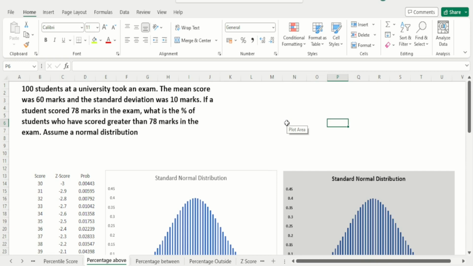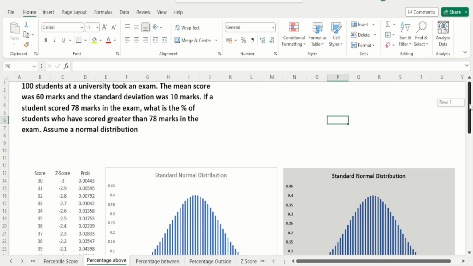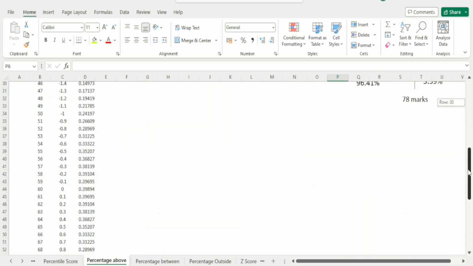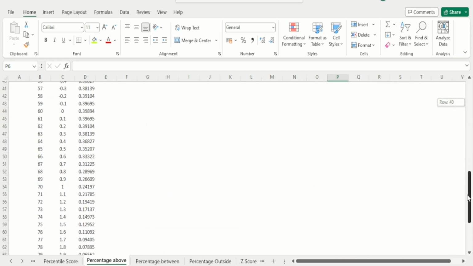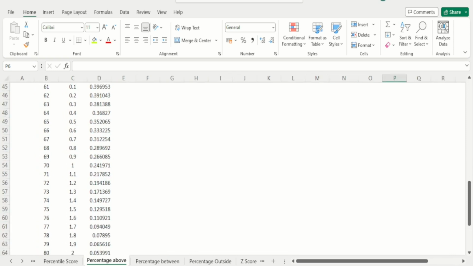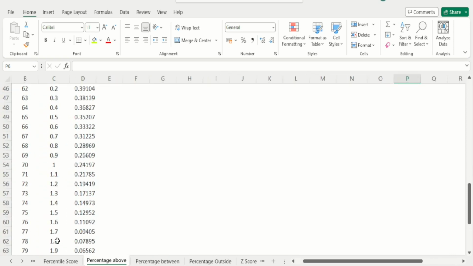So the same question that we just looked at is now turned on its head, and here what's being asked for is what is the percentage of students who have scored greater than 78 marks on the exam. So the same logic: if you calculate the z-score of 78 marks, you will realize that it comes to 1.8. As you can see here, it is 1.8.